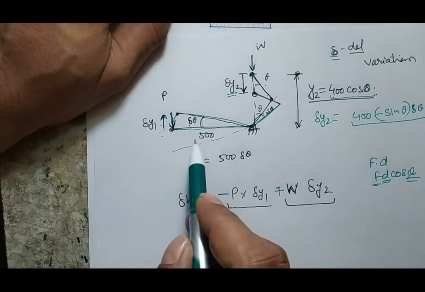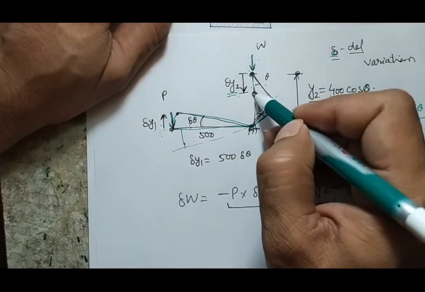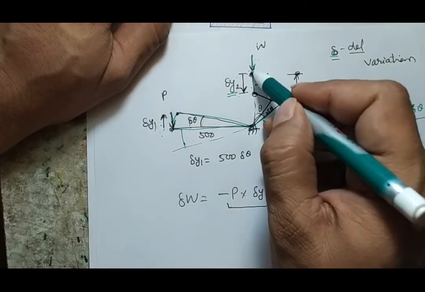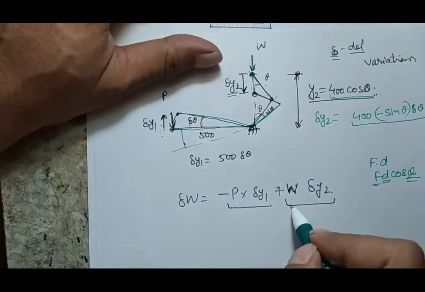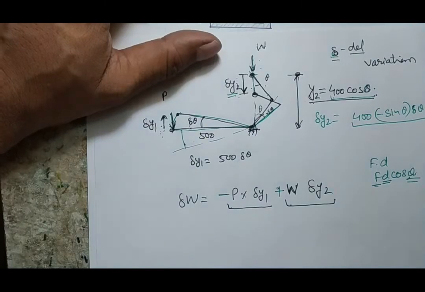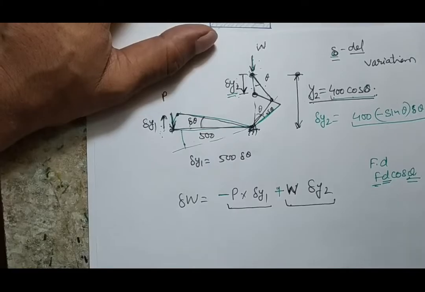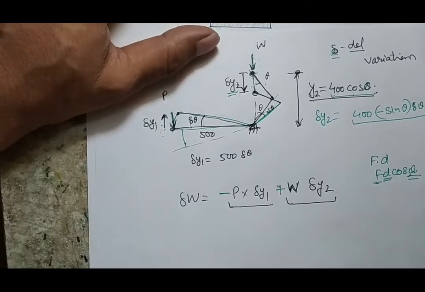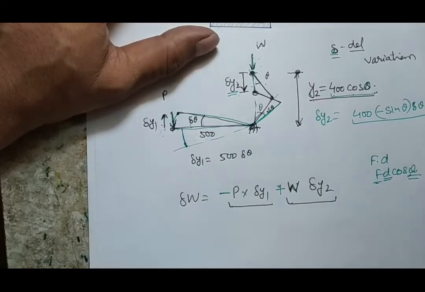But if this is positive, the other would be negative, because when you give the rotation in this sense, this point will move in the upward side, and that time the W and this deflection will become negative. So when you give a virtual displacement in the other configuration, only the sign will be interchanged, but the relative nature of the work done will remain the same. So don't worry, you may give the rotation in the downward side or upward side, it will not make any change.